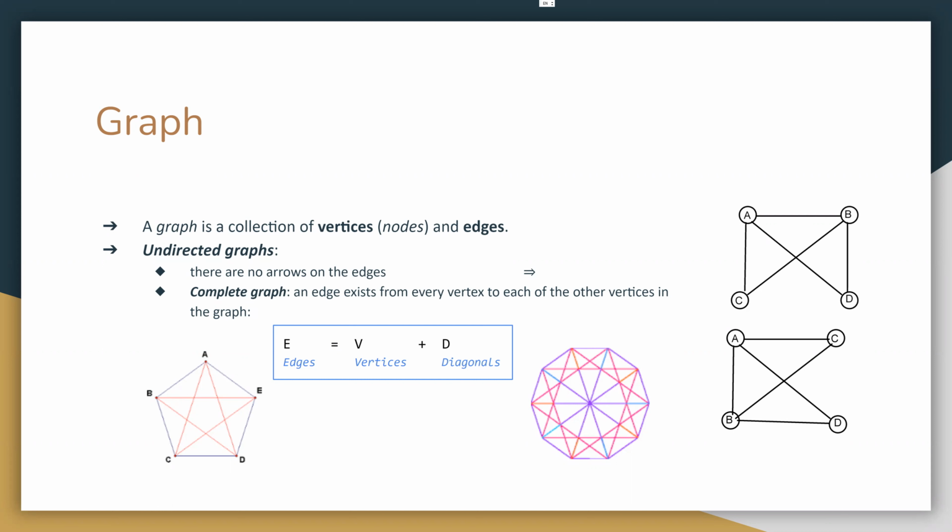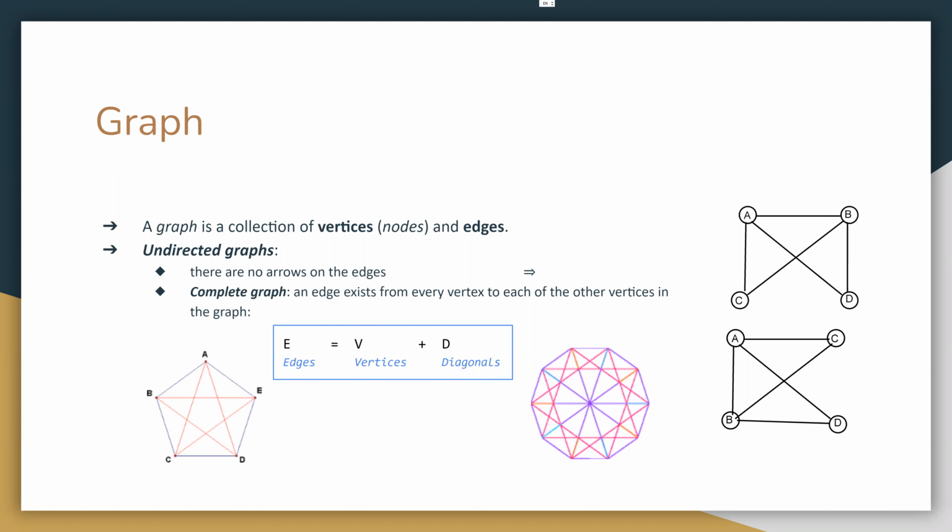So that's basically what this is saying. It's not really that complicated. If you just add them all together, you pretty much get there. And if you look at this, this is a 4-node graph, A, B, C, D. If you make it a complete graph, you just need to add this one connection, C to D. And you can see that you've got 1, 2, 3, 4, 5, 6 edges.